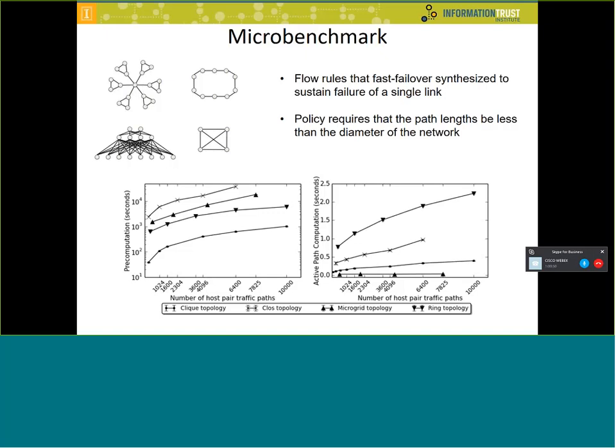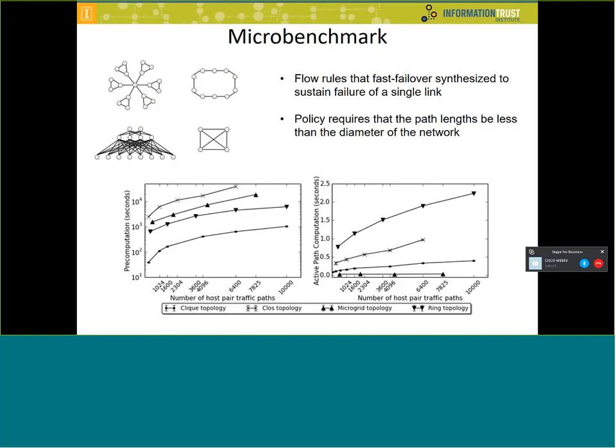But wherever it was possible, we were providing failover. And we had a policy requiring that the path length be less than the diameter of the network. So take the longest path on the network, and we wanted the resulting path to be less than that.